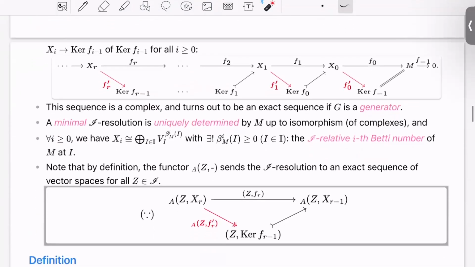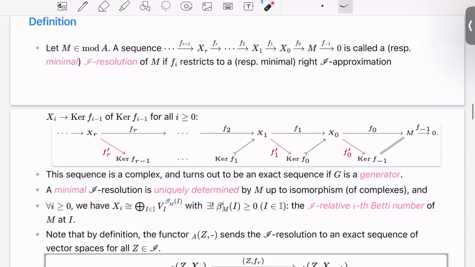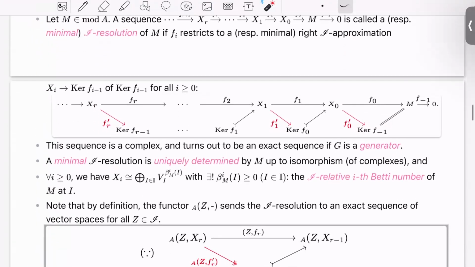Similar to before, if we have a minimal I-resolution, it is uniquely determined by M. And here, because we assume that G is finite, namely G is a finite dimensional one, the I-approximations always exist.